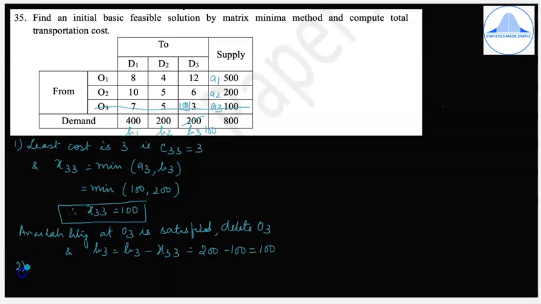Now next find the least cost. The next least cost is 4. So that is C12 is equal to 4 and the allocation is X12 is equal to minimum of A1, B2, which is minimum of 500, 200, which is equal to 200.